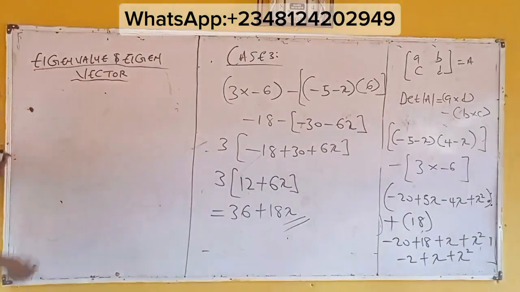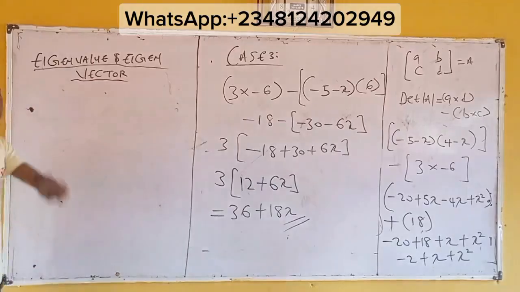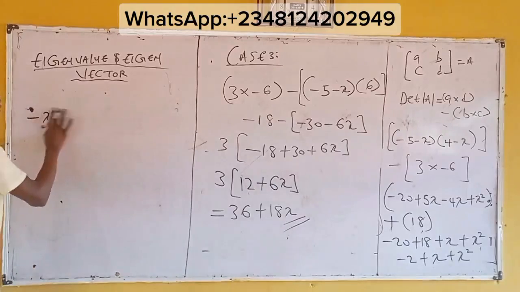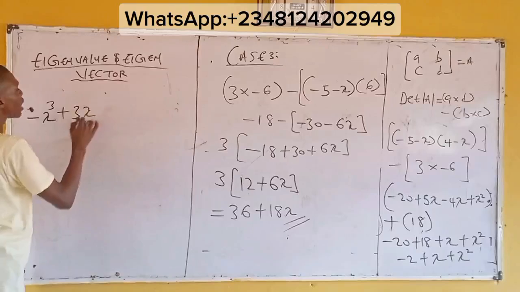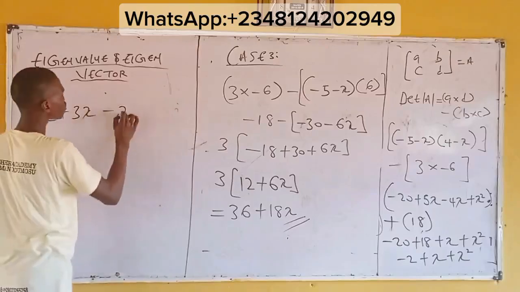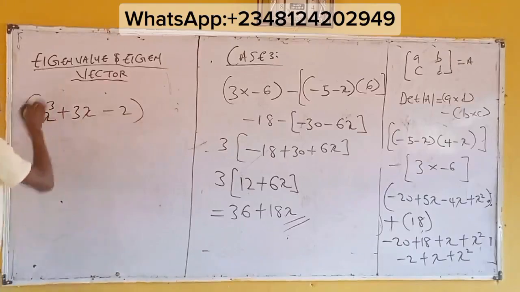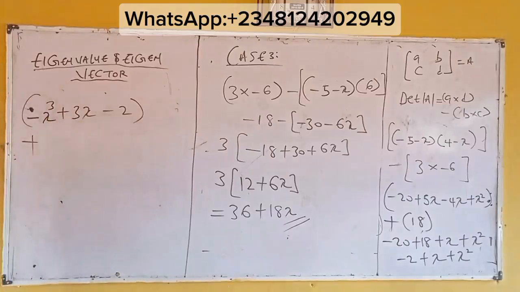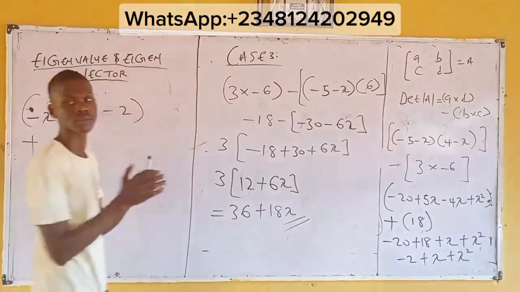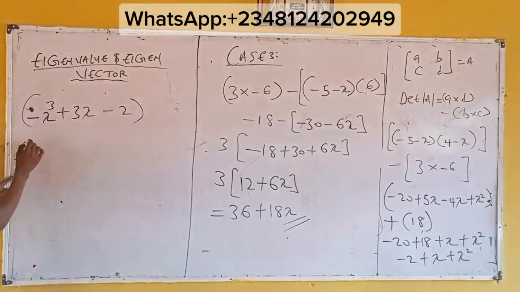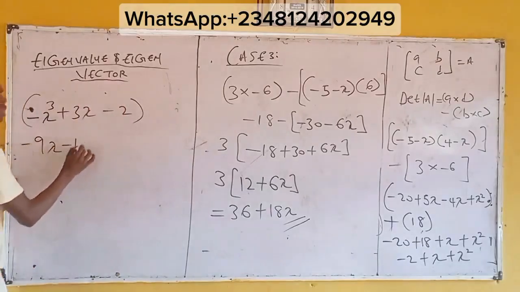Now let's do it together. What do you have? For case 1, what's our answer? For case 1: minus lambda cube plus 3 lambda minus 2. That's what. This is for case 1, right? Plus case 2. Case 2: minus 9 lambda minus 18.